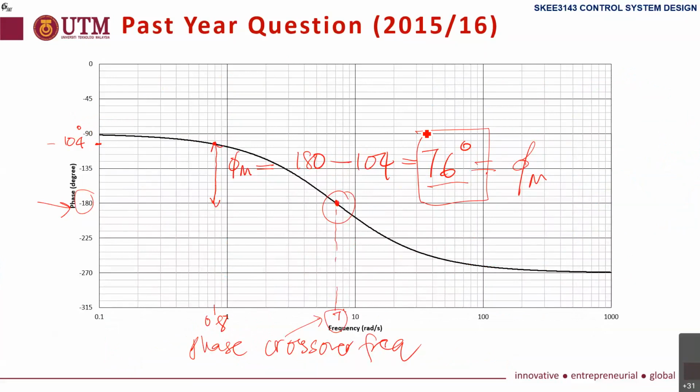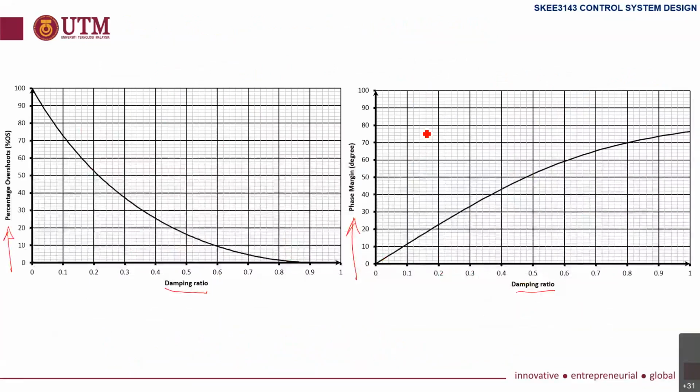Then we know 76 degrees is here, and from here, we get about zeta 0.96.